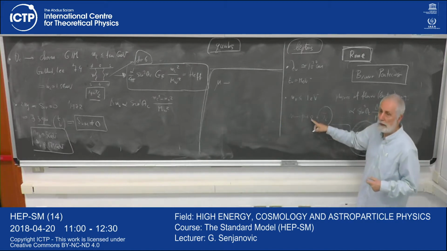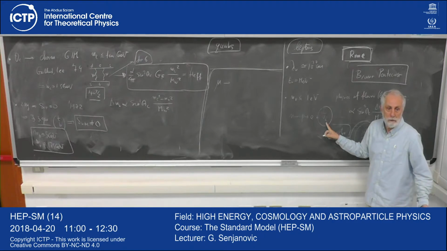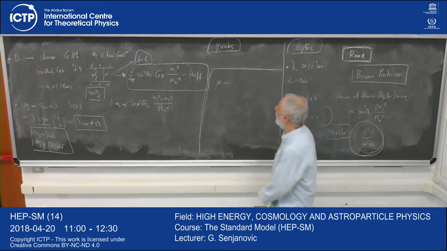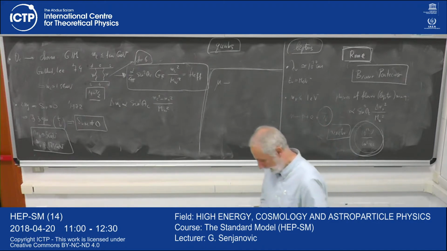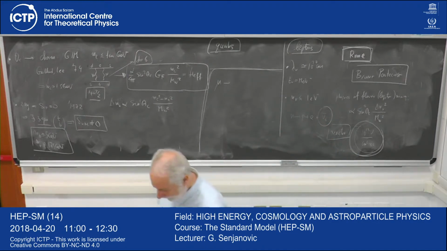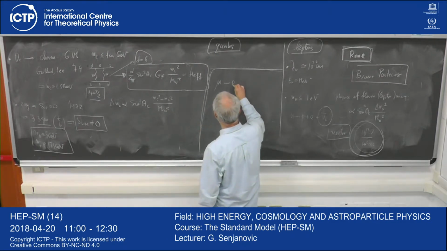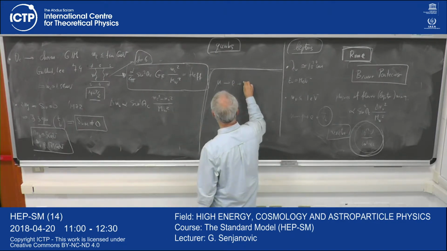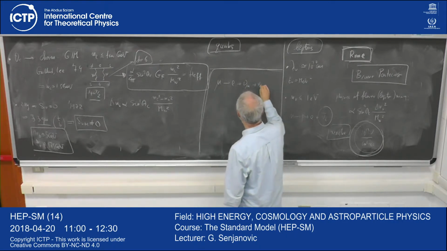This doesn't change flavor. I get an electron and the neutrino associated with the electron. Then a muon decays into an electron, remind me, plus. Okay, but tell me, no mu plus nu bar.